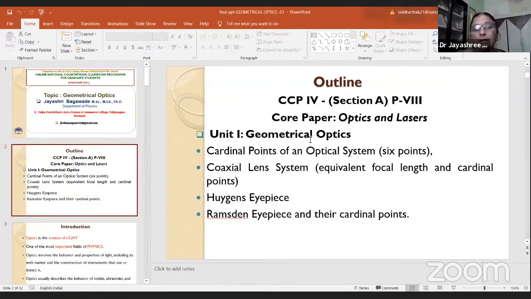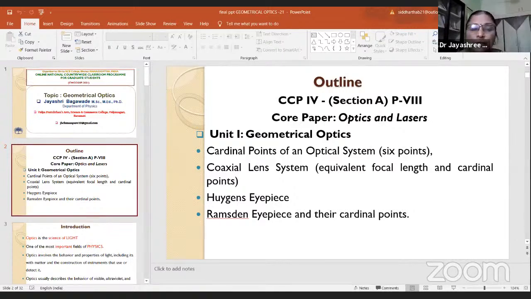So in general, whenever we have to consider the cardinal points of an optical system, then afterward we have to focus on coaxial lens systems, obviously considering the equivalent focal length and cardinal points.